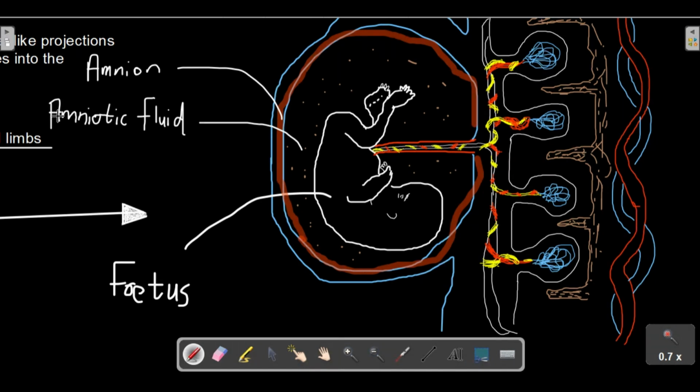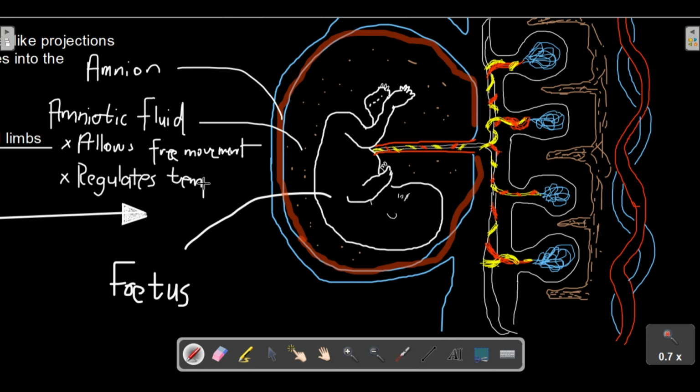The first function that the amniotic fluid plays is that it allows free movement of the fetus. Okay, that's the first function. And then the second function is that it regulates the temperature, so that the temperature inside is not too hot or too cold. So it ensures that the temperature is always constant, the right amount of temperature for the developing fetus.